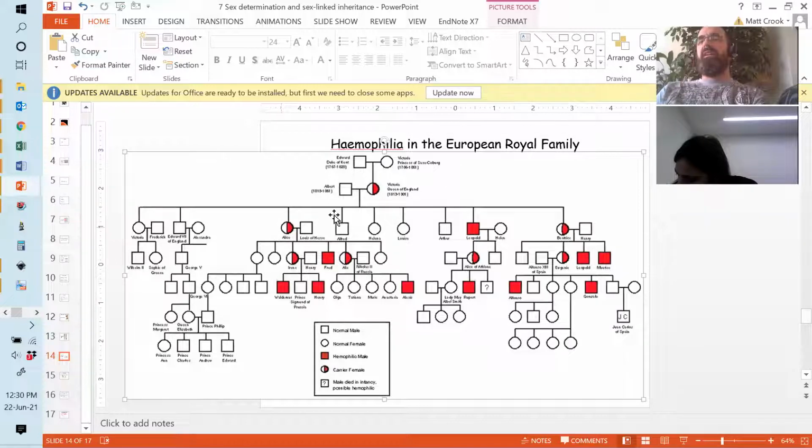This is a classic trait, and you know that it's recessive because it disappears as well. No one in this generation that we know of had hemophilia, but now we have Leopold having hemophilia in her offspring. She had loads of kids. What's that? 1, 2, 3, 4, 5, 6, 7, 8, 9. Wow, that's a lot of children. But you can see that trait continuing on down through generations, and it has to go through a non-carrier for it to disappear.